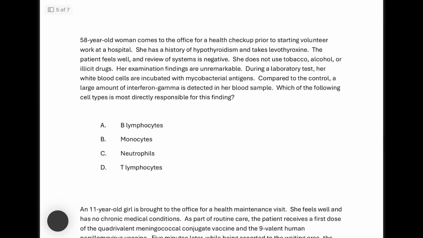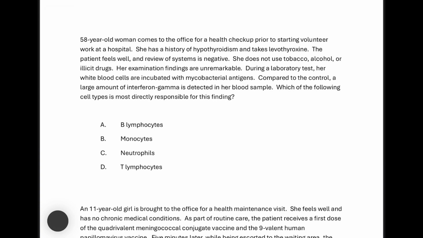Our next question is, a 58-year-old woman comes to the office for a health checkup and is starting volunteer work at a hospital. She has a history of hypothyroidism and takes levothyroxine. The patient feels well and review of systems is negative. She does not use tobacco, alcohol, or illicit drugs.